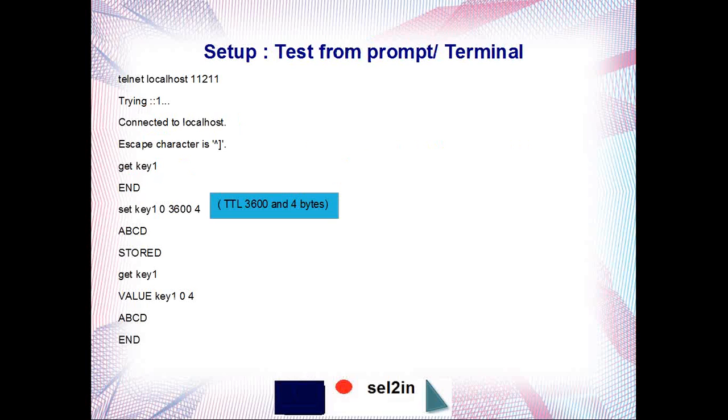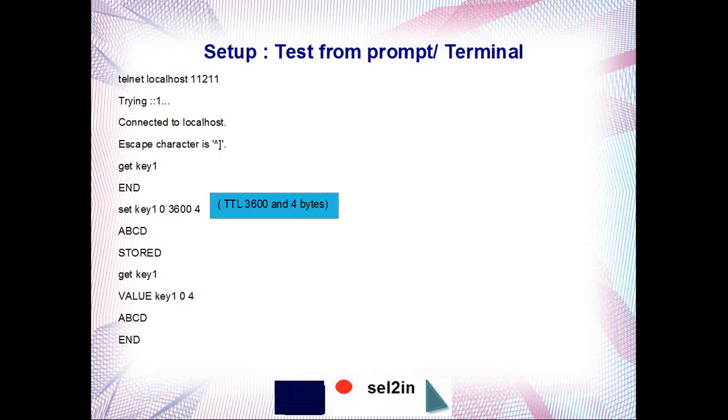And you can test it from another terminal by doing these commands. Basically I'm connecting to that same port, and I could say get key, I could say set key, and you can just copy this and figure out later what it's doing, but it's basically telling the system to store a key with the name key1 and what the expiry is and how many bytes will be following, because it's a telnet kind of test application.